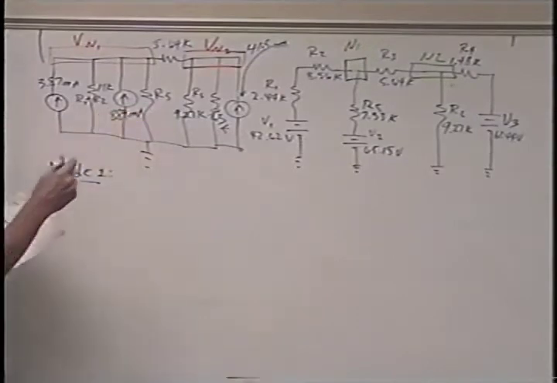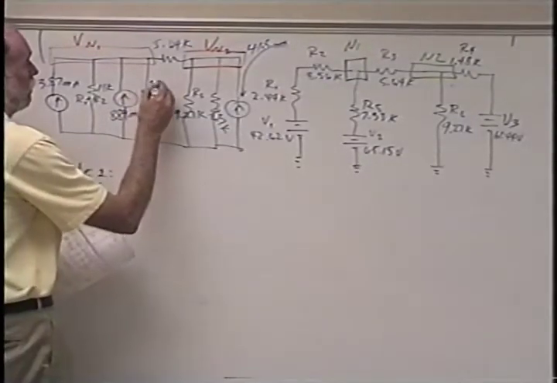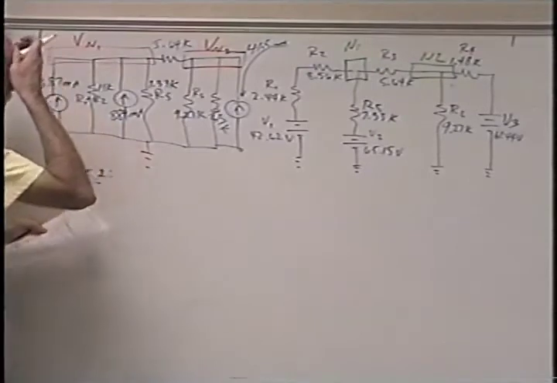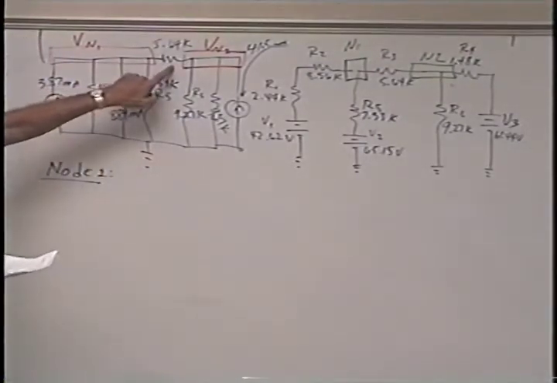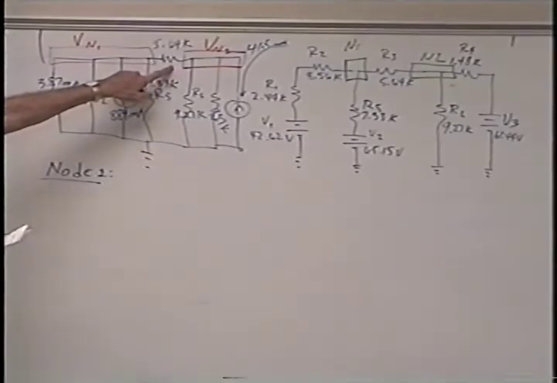R5 is 7.33K. Plus the reciprocal of R3, because one side of it is tied to node 1.